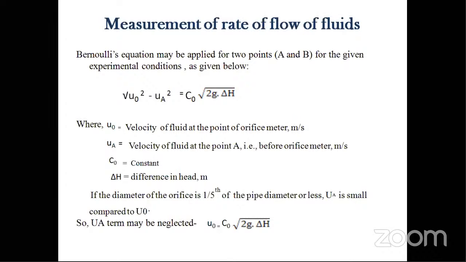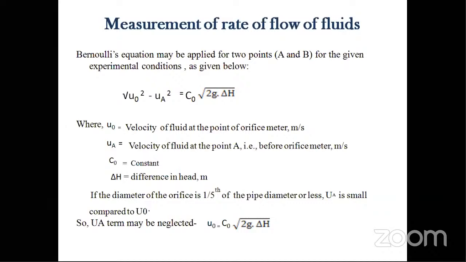There is another equation to calculate the actual rate of flow of fluids. When you calculate the actual rate of flow, you need to subtract the velocity at the origin from the total velocity. The origin of the velocity is the starting point of the liquid, from the orifice meter peak point.